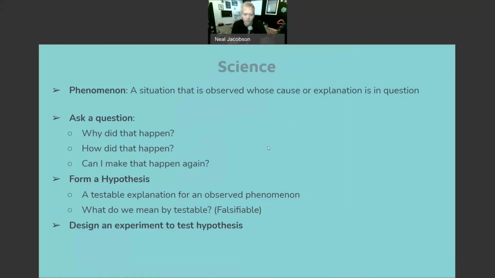And so a lot of people get confused about the relationship between your testable model for how something works, your hypothesis, and then a prediction. So hypothesis and prediction often get conflated together, but they're two different things. So a hypothesis basically says, this is my model for how I think this system works that produces this result. Now, when you go to test that model, you design an experiment.